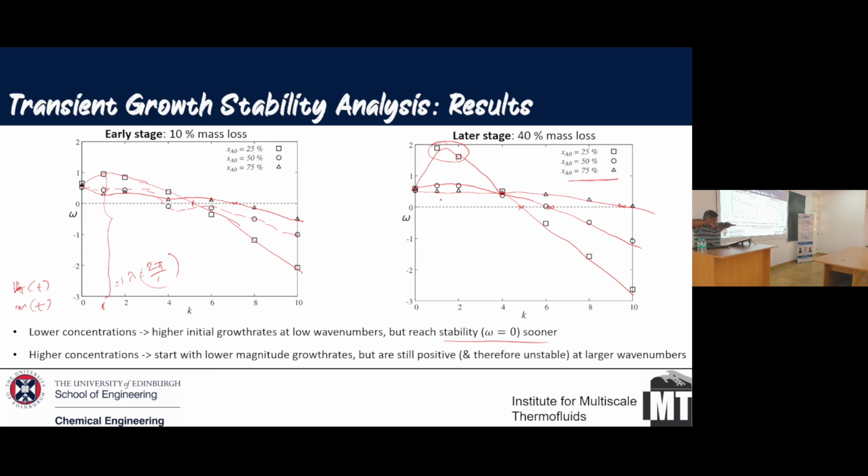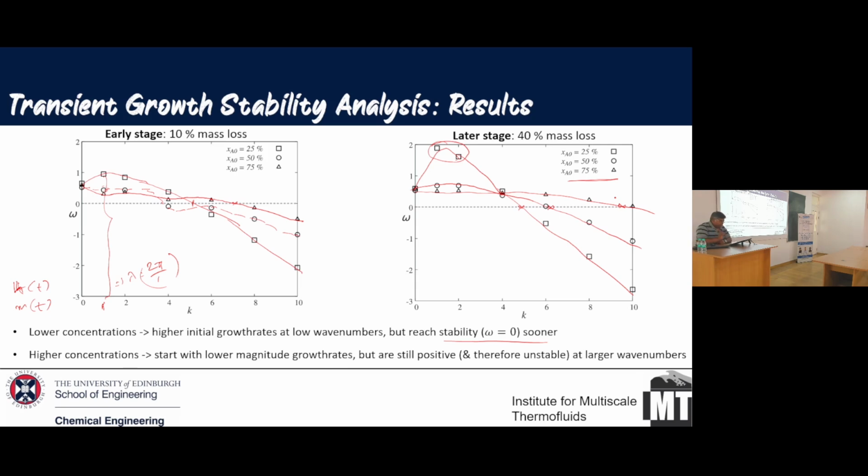They're slower and they remain for a long period of time. So if you're developing a kind of pattern, it's probably best to have a high concentration alcohol mixture. You'll have more modes which are active, more modes competing with each other, and so on.